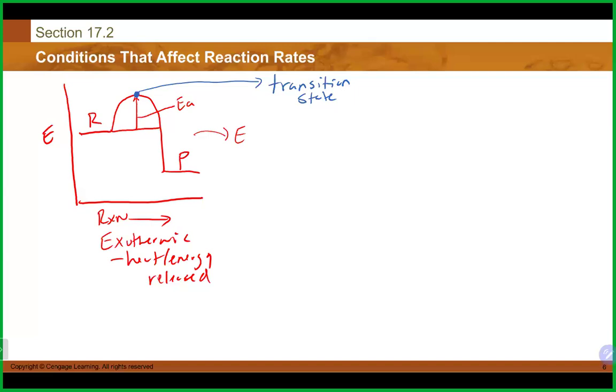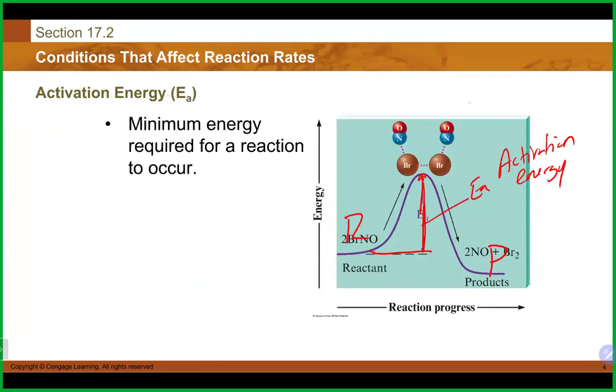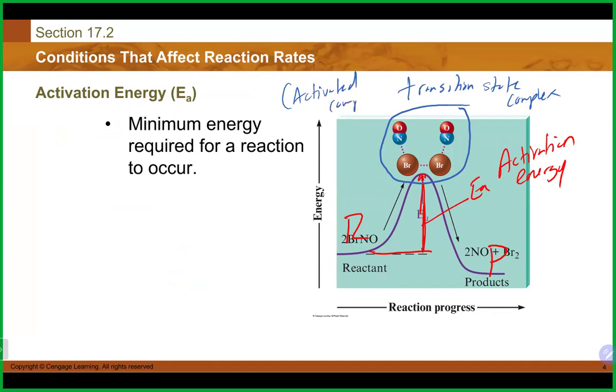The transition state, pretty much in a reaction, is the highest point in a chemical reaction. As we can see in this picture here, it is where we have what is sometimes referred to as a transition state complex, or sometimes referred to as an activated complex.